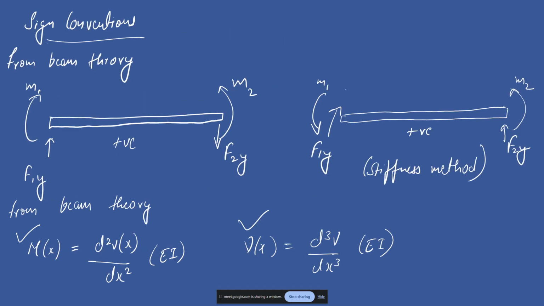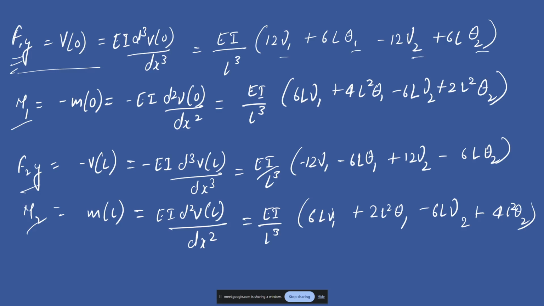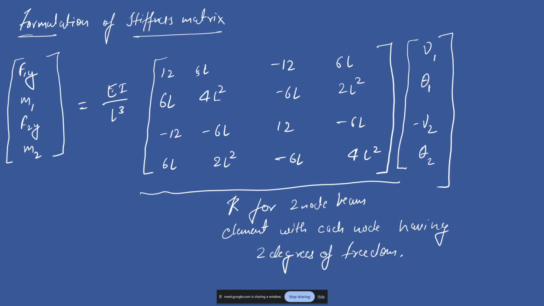Using that approximate function and utilizing the beam theory, you can generate your forces as well as the shear force at both ends. Then corresponding to that you can formulate your stiffness matrix. So that was about your stiffness matrix. Now in the similar line we will formulate your mass matrix.